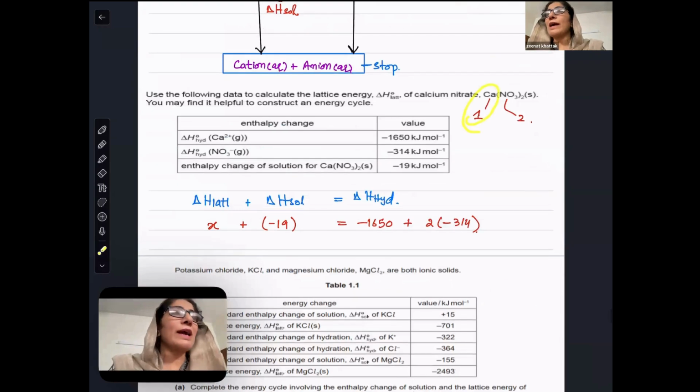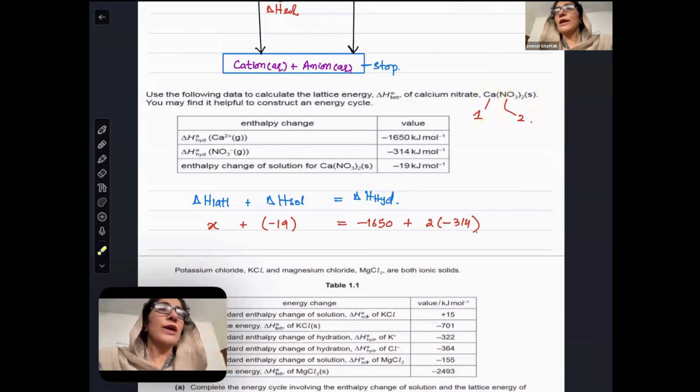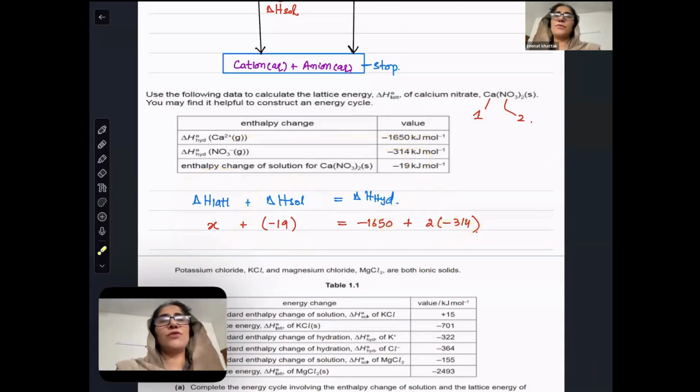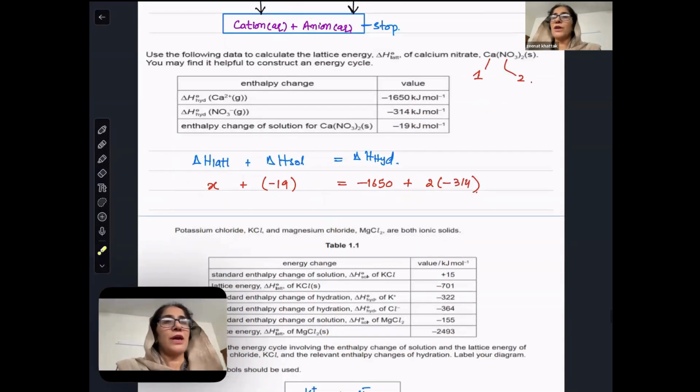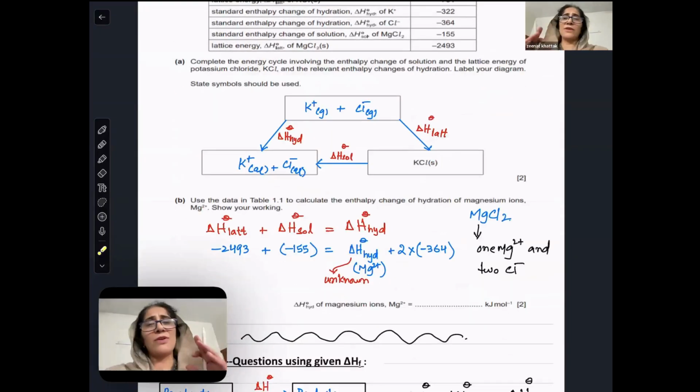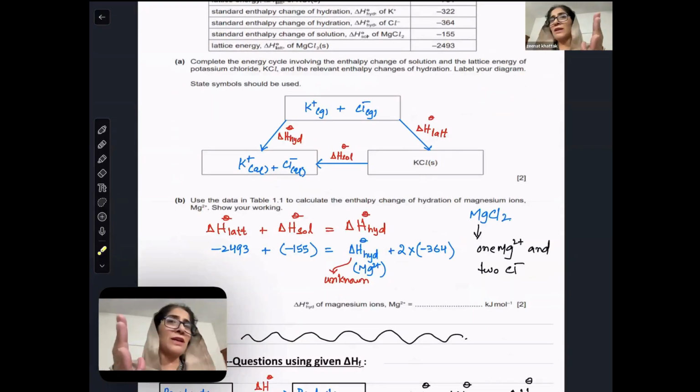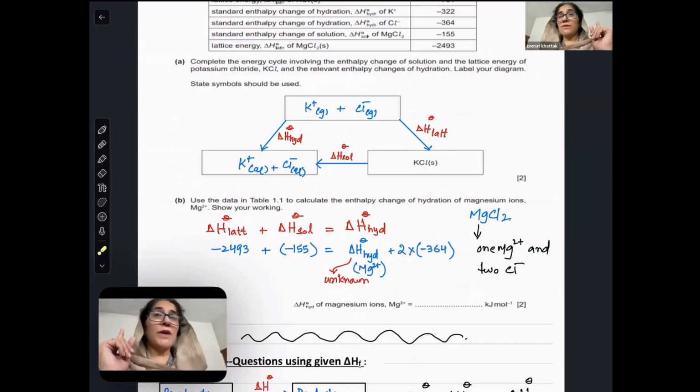There is one calcium and there are two nitrates. You are supposed to do a lot of cycles. I hope you will be able to do everyone. Repeat it as many times as you need, watch it again and again. But I know if you watch it even once carefully, you are in a position to do everything.